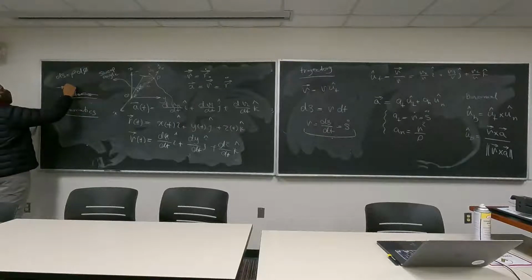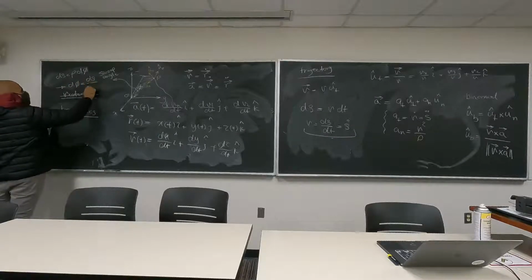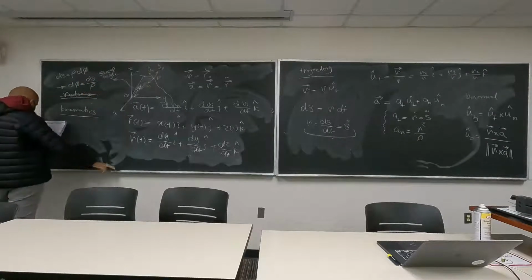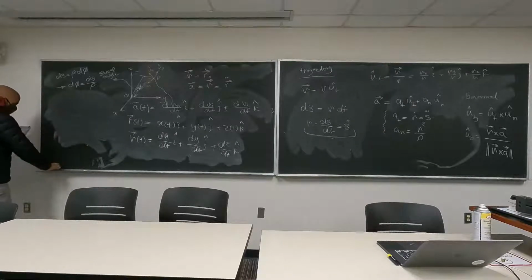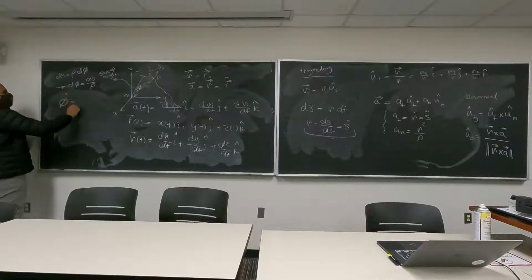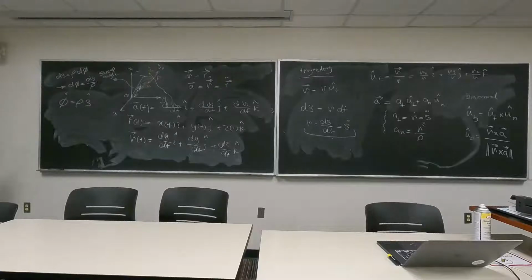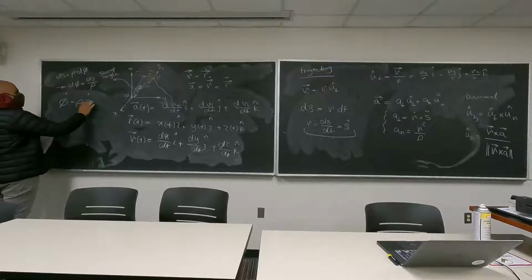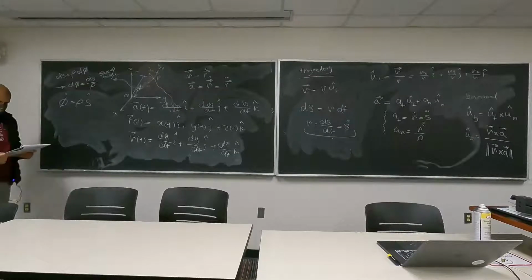So d phi is actually ds divided by your curvature. We can also relate the changes in the sweep angle to the changes in position vector.